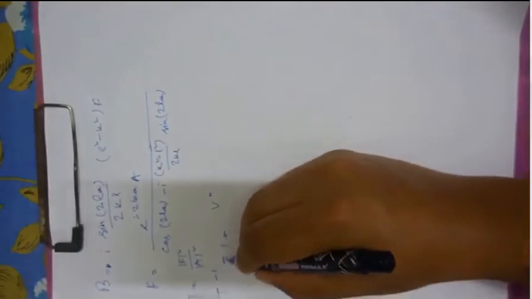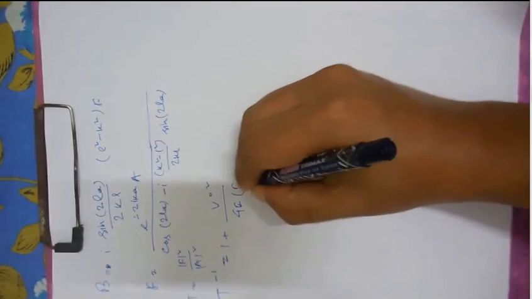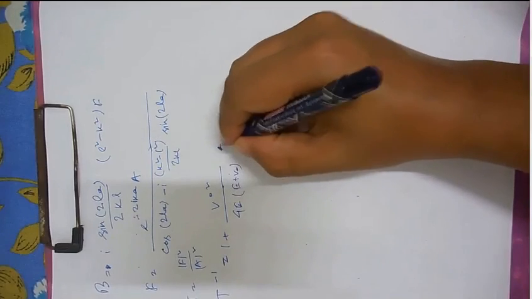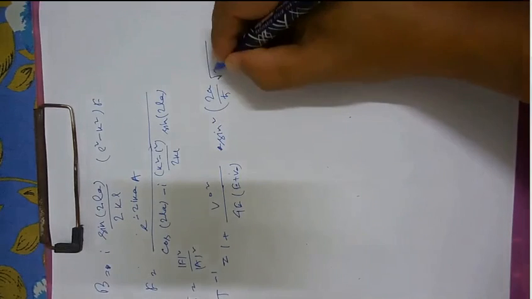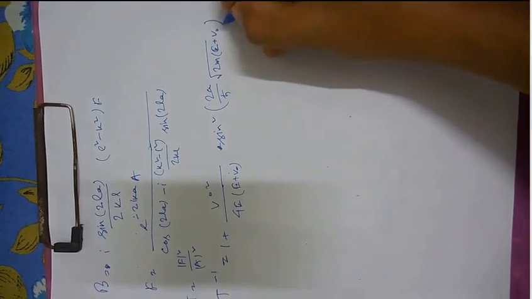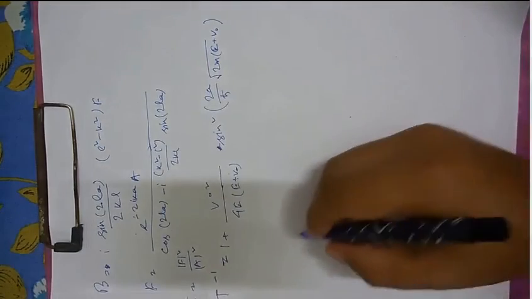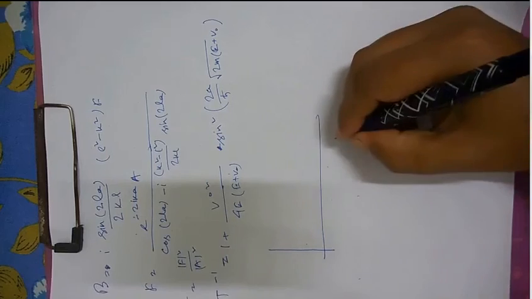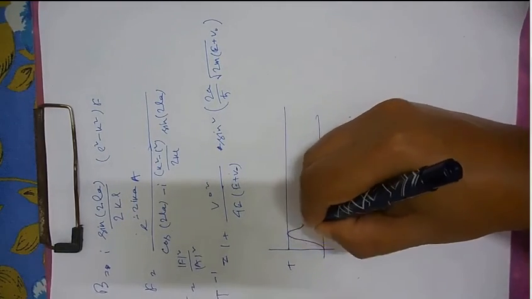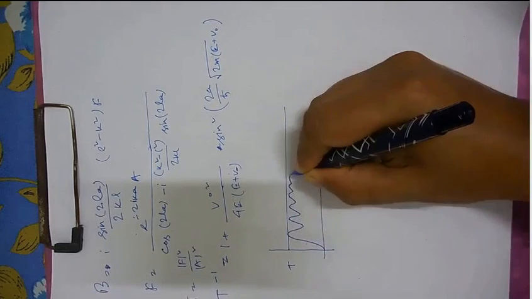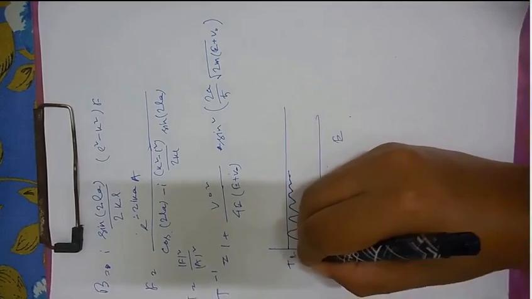Okay, so you can find T inverse equals 1 plus V0 square by 4E(E plus V0) sin square (2a by h cart times root over 2m(E plus V0)). And this equation actually looks like this way. It is the graphical representation. It is E, it is T, it is one line. So it looks like this way. Okay, so this is the transmission coefficient now.